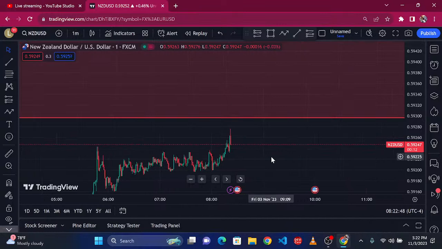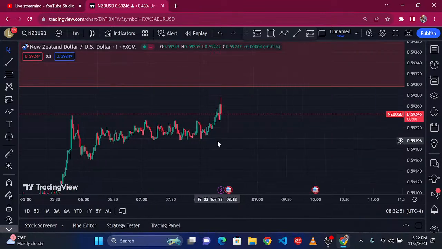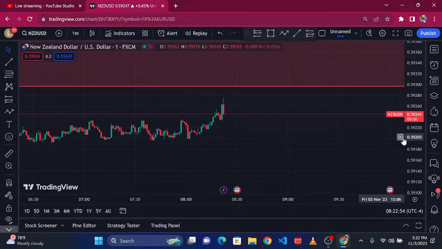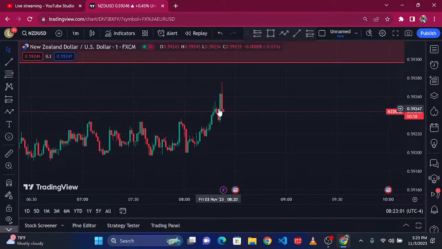So if you get good setups like this one, you can see right here, this one, there was a fair value gap here, but this candle came down and closed it, so it is no longer there.